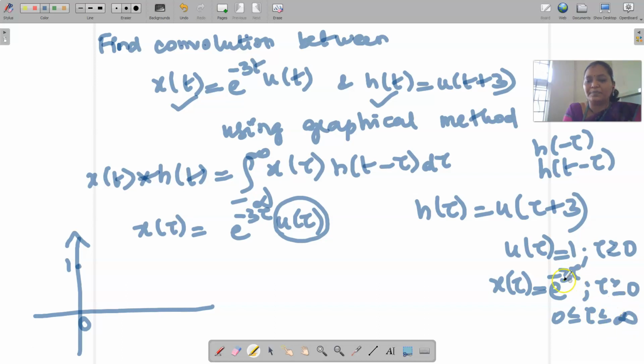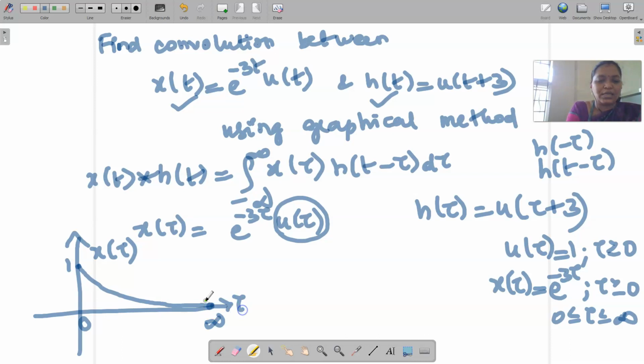Substitute infinity here: x of infinity is e power minus infinity, and e power minus infinity value is 0. So at infinity you will get 0. Just draw a decaying exponential signal like this. This is nothing but your x of tau. X of tau is e power minus 3 tau, which is a decaying exponential signal.